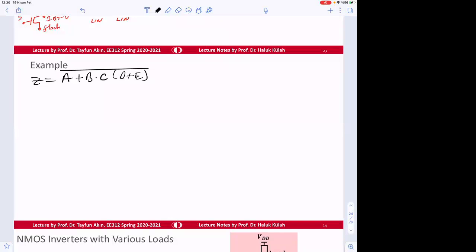But this is very easy to implement if you know the idea. VDD. You know how to make this OR gate, either A or the rest of the circuit, and you know how to make NAND gates.